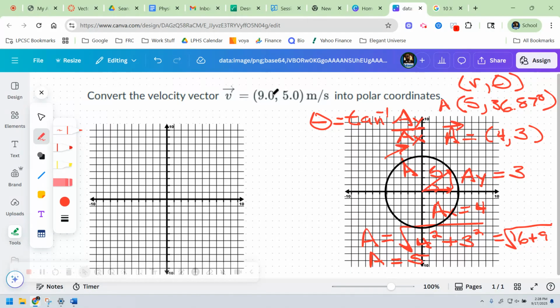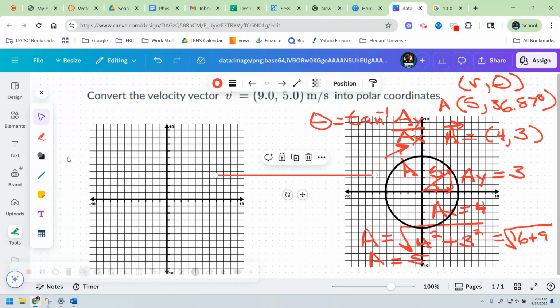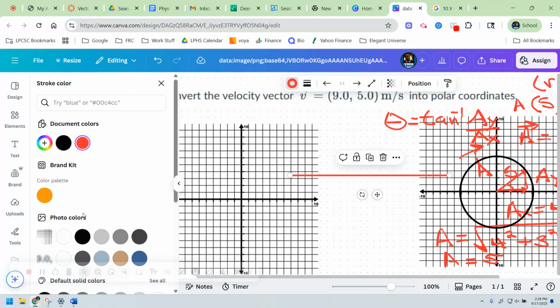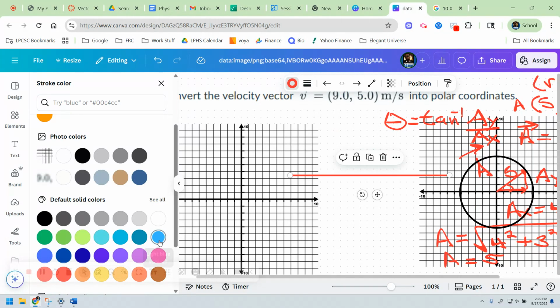All right, so let's do this one. For this one, I'm given an x component of 9 and a y component of 5.